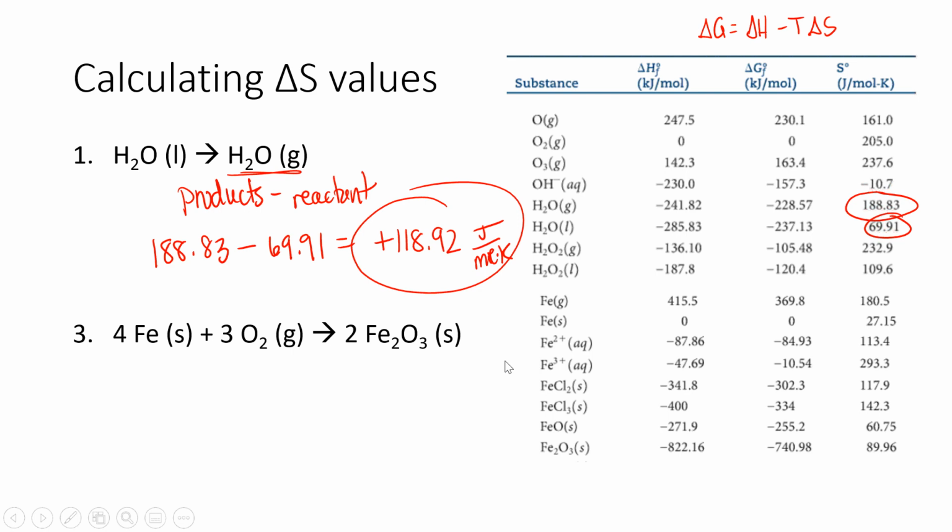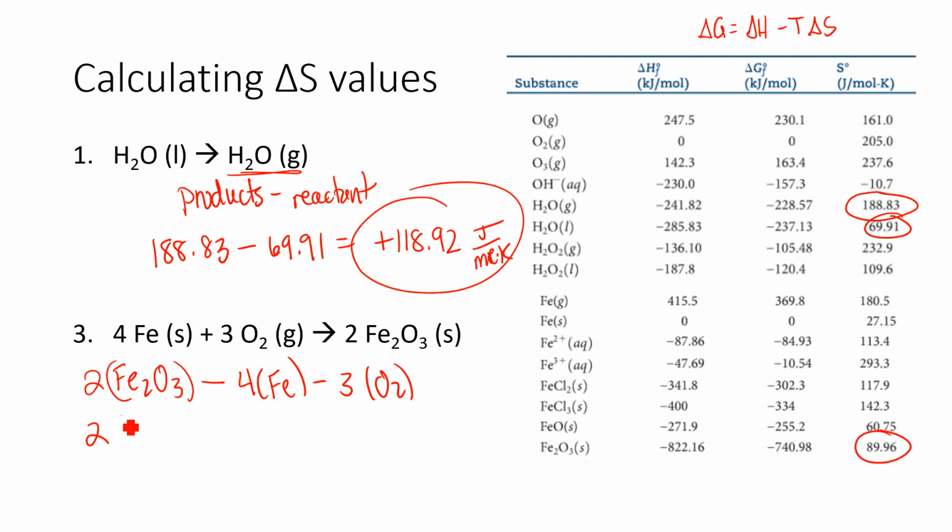So let's go down and try one more example. In this case, I'm going to take these products minus reactants. So I'm going to take 2 times my iron oxide, and then I'm going to subtract from that my reactants. So I'm going to go up there and check out these values. My iron oxide is down here, so it's 2 times 89.96 minus 4 times, let's see, right here, I'm looking at the wrong one.